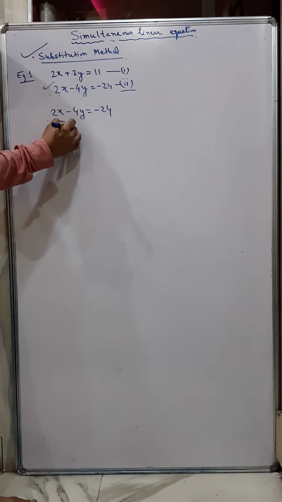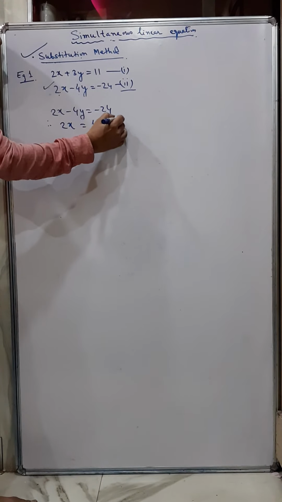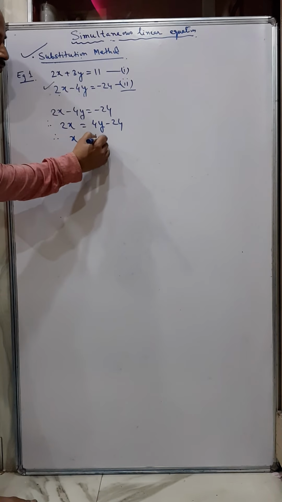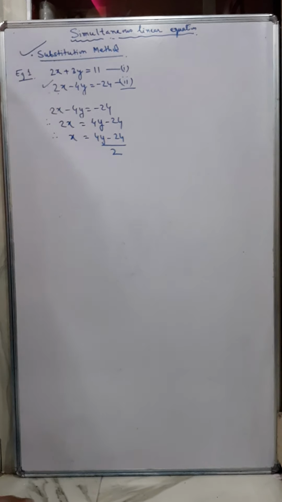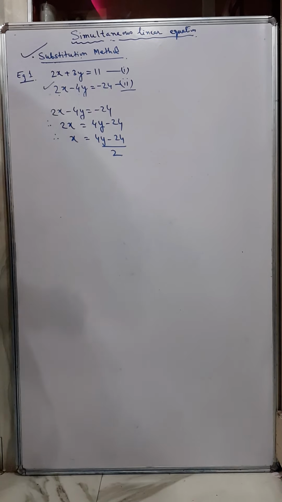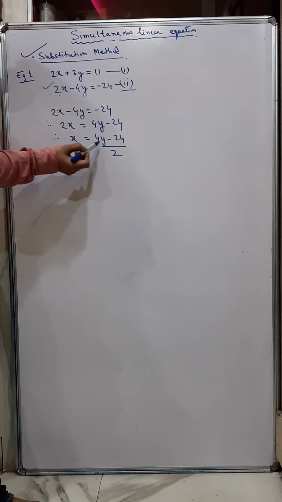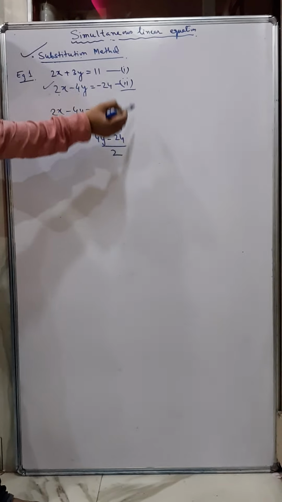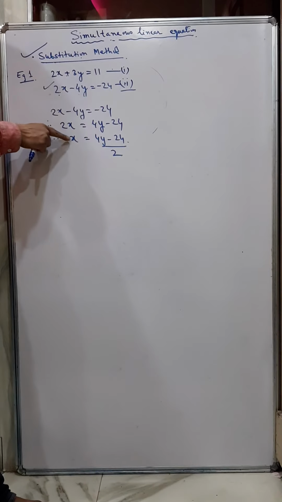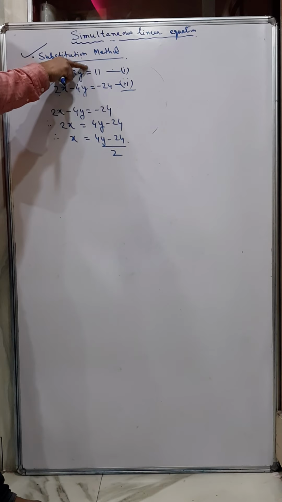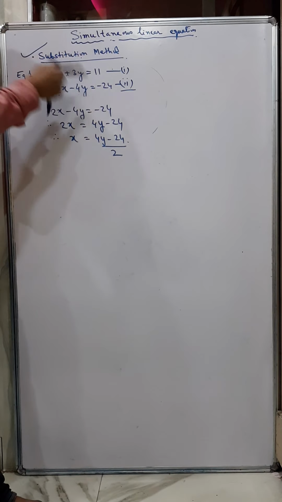So we get 2x equals 4y minus 24, and then x equals (4y minus 24) by 2, right? Since we have got x from equation 2, we'll put the value of x in equation 1. If you get the value of x or y from equation 1, you should substitute it in the other equation, equation 2.